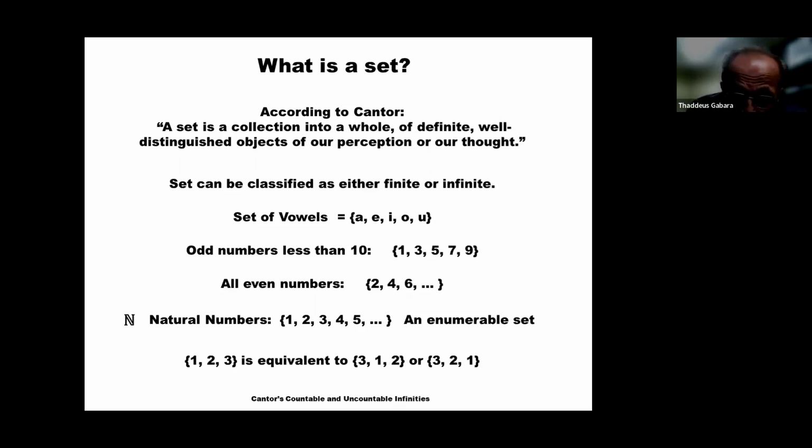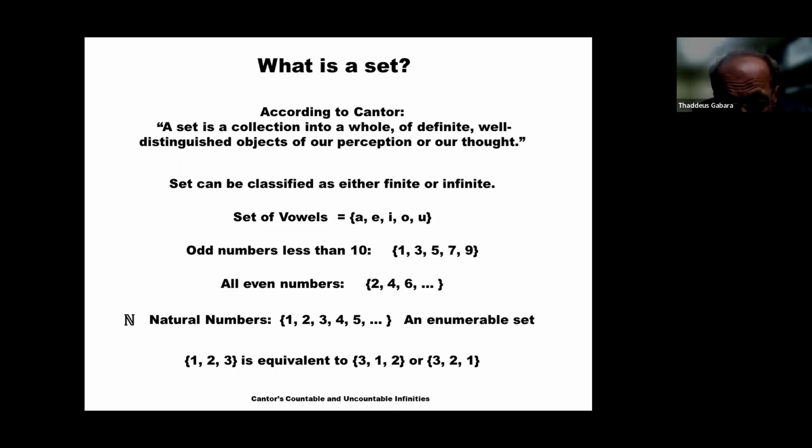Now, if we take a look at a subset of the natural numbers, a subset is another set that's derived from the primary set. For instance, on the lower left, I have the set 1, 2, 3. That is a subset of the natural numbers because those numbers are included in the natural numbers.